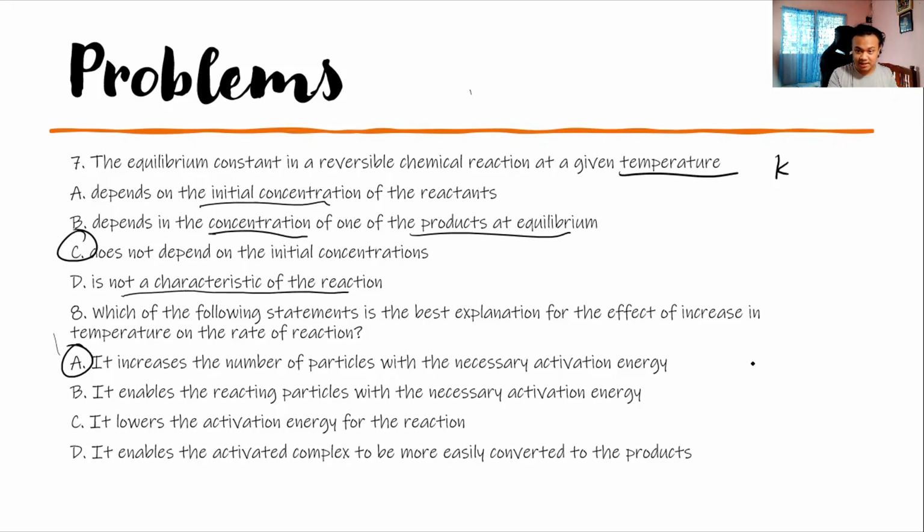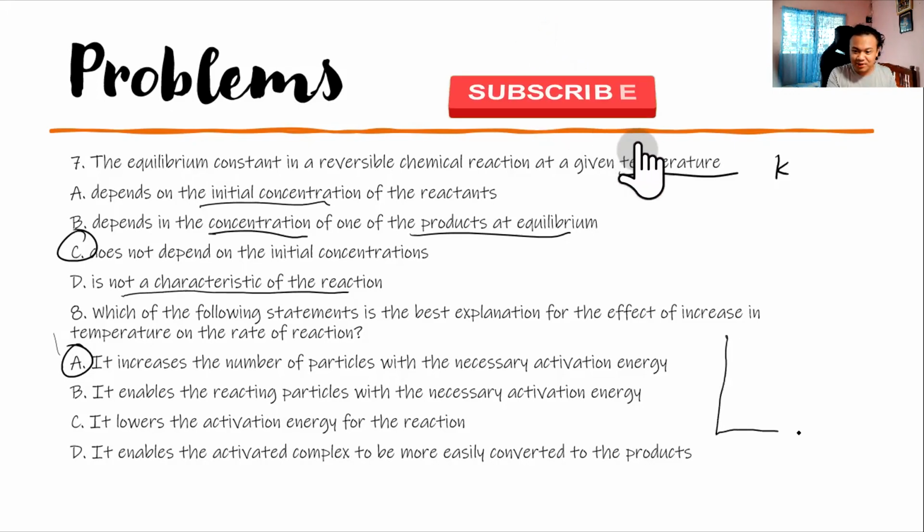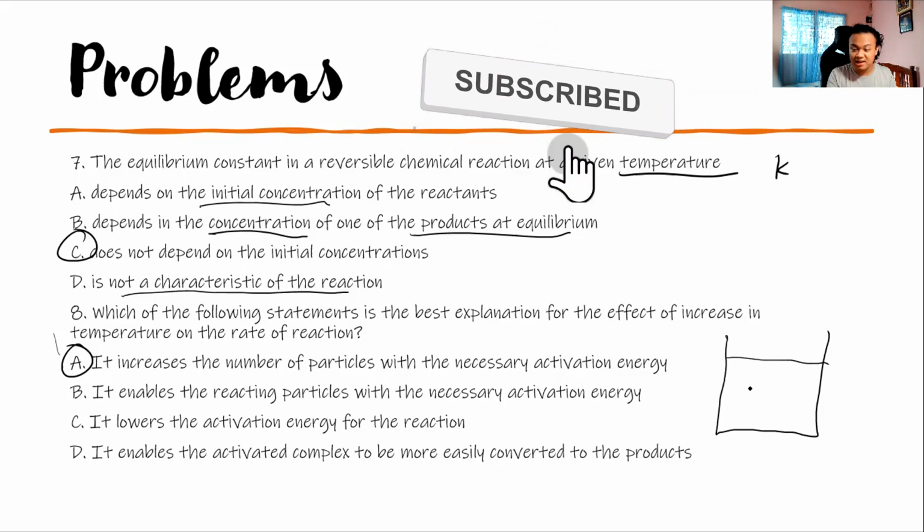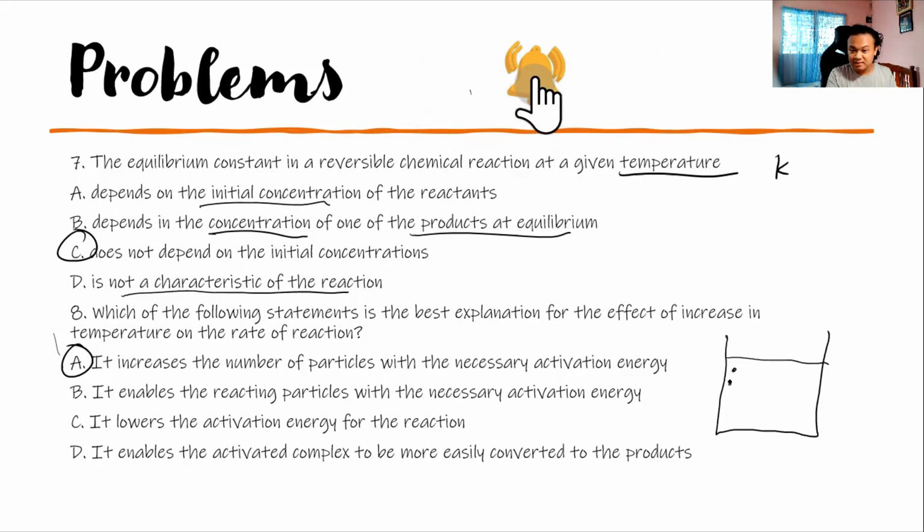So how is this explained? For example, you have here a beaker and you have particles, the molecules here. Imagine that, and then you have to react that with something.